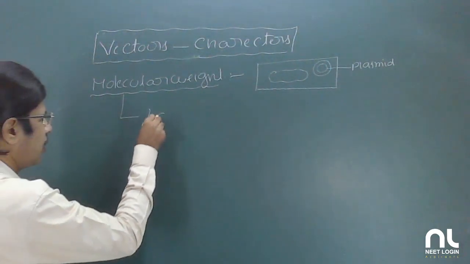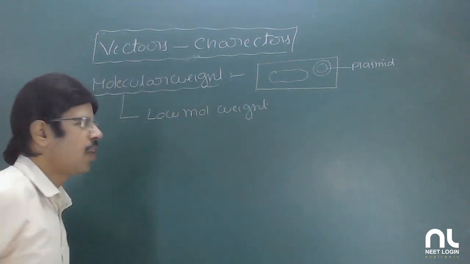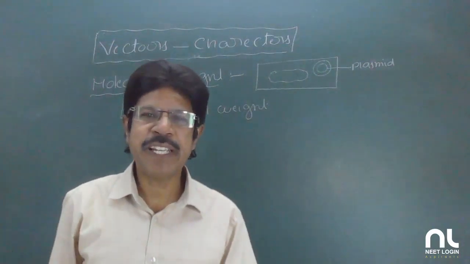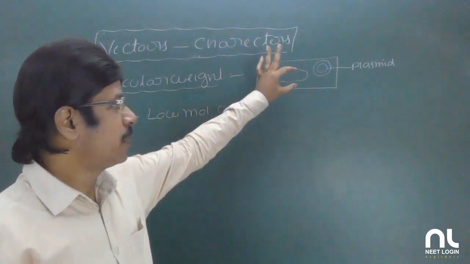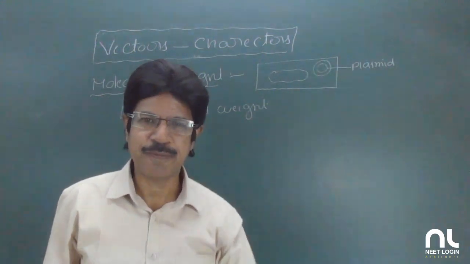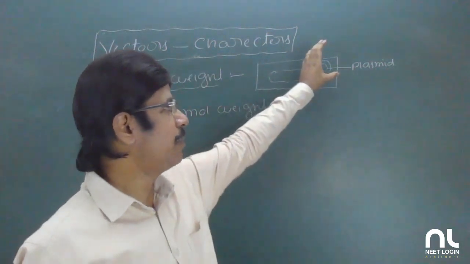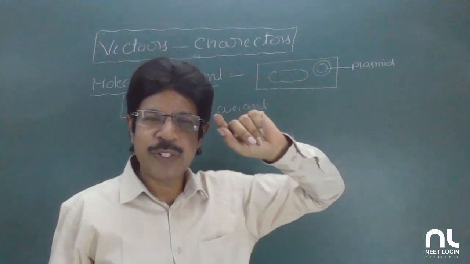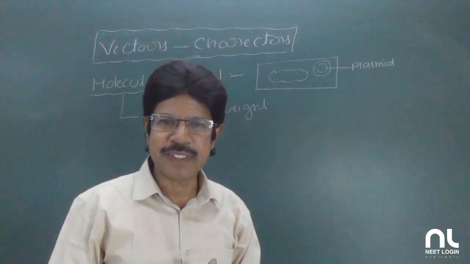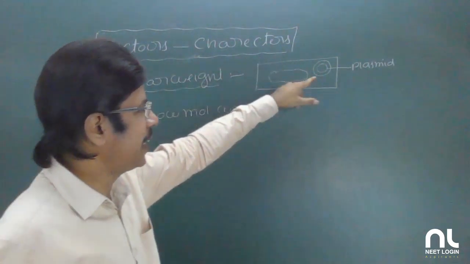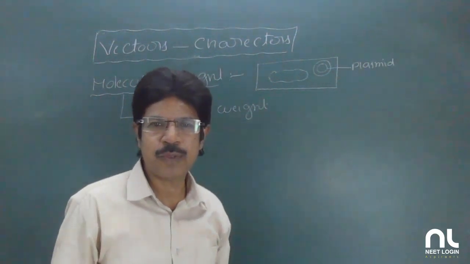It should be with a low molecular weight because it has to replicate and it should not be responsible for great metabolic burden on the host cell. If it is having high kbp, more number of nitrogen bases, it requires more. We are going to link a foreign DNA of a particular number of nitrogen bases. So, in order to replicate in the host cell, it should be with a low molecular weight to reduce the metabolic burden on the host cell.